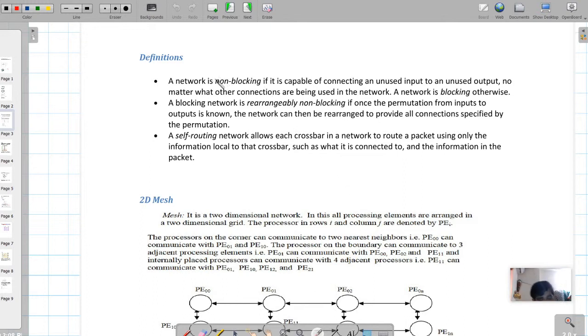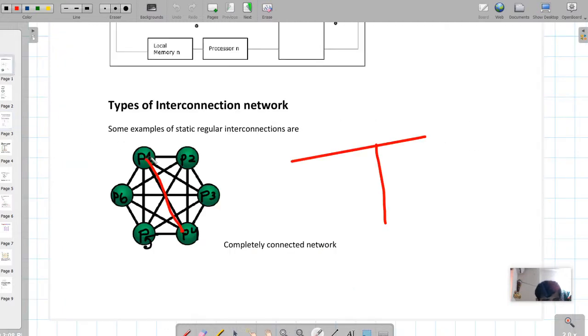Once again, a network is non-blocking if it is capable of connecting an unused input to an unused output, no matter what other connections are being used in the network for that particular time. Now, it is non-blocking.